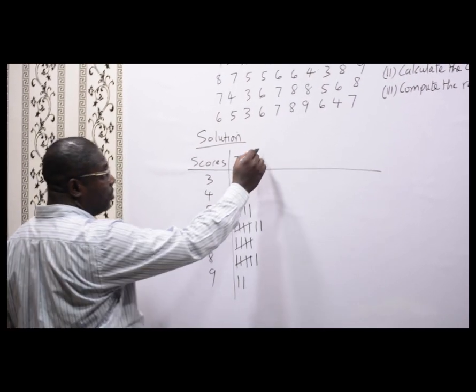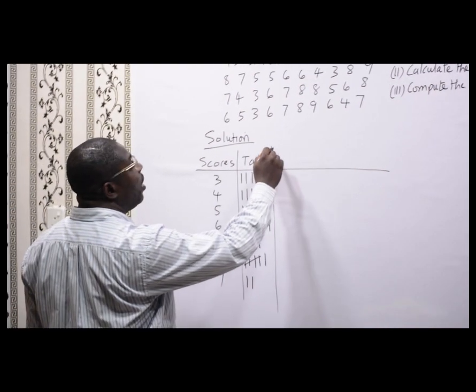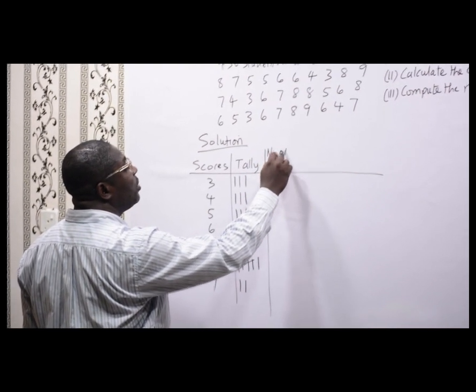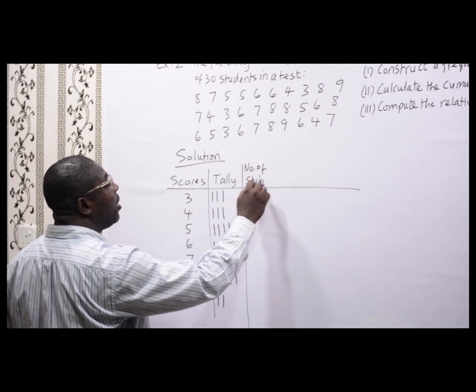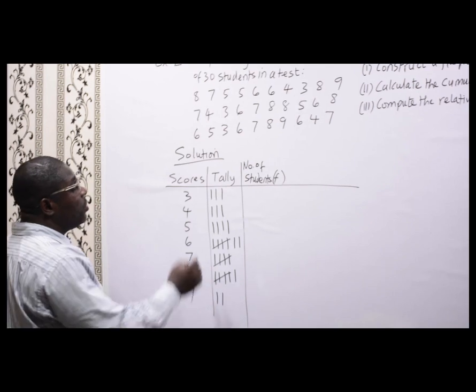So let's now add up what we have as our frequency. Here we have the number of students, and the number of students will be our frequency.